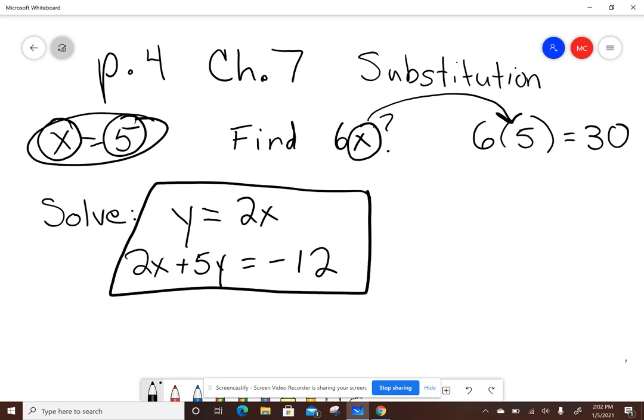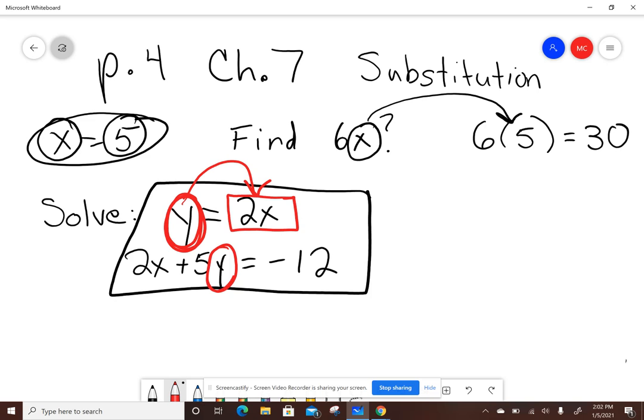So I'm saying solve if y equals 2x and 2x plus 5y equals negative 12, solve. Well, here, y equals 2x. So wherever I see a y, I'm going to write 2x.